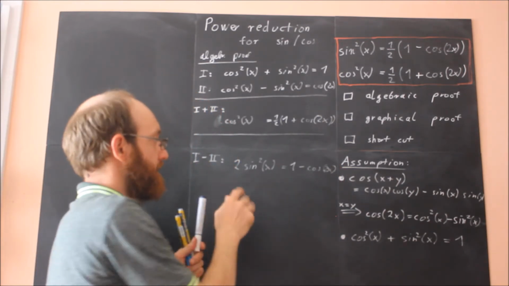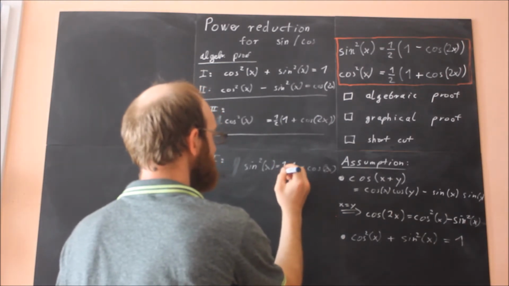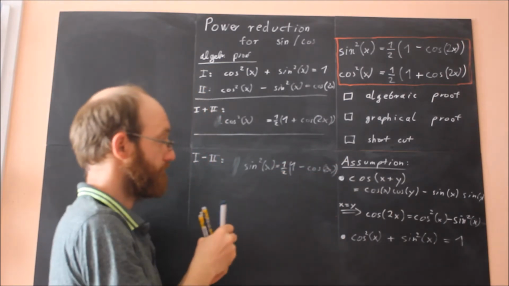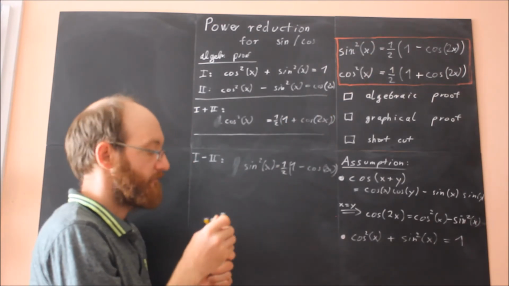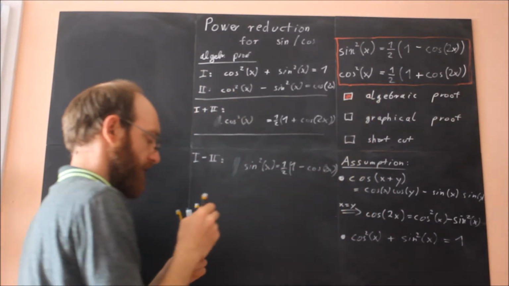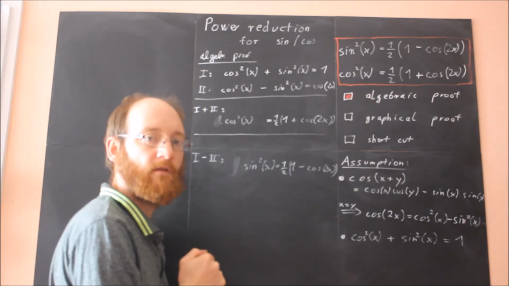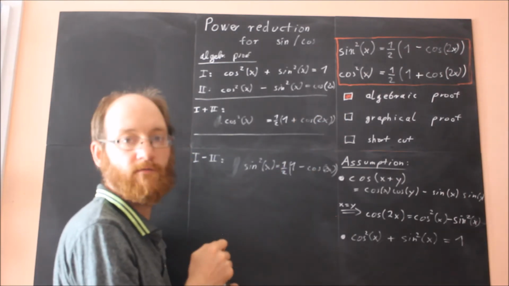Now we divide again by 2 and we get this equation. Okay? So this is the algebraic proof. Very nice. So I clean up the board and then we come to the graphical proof.